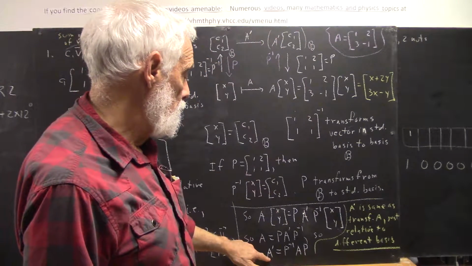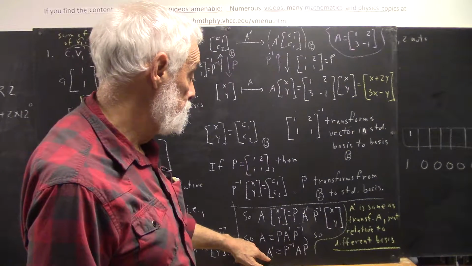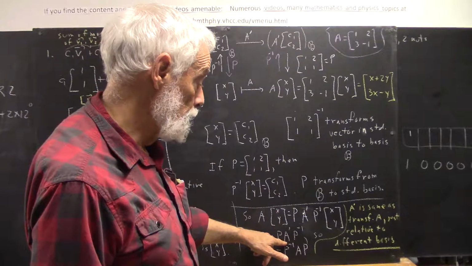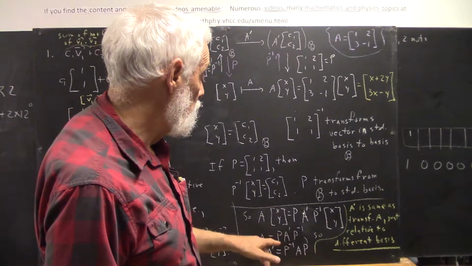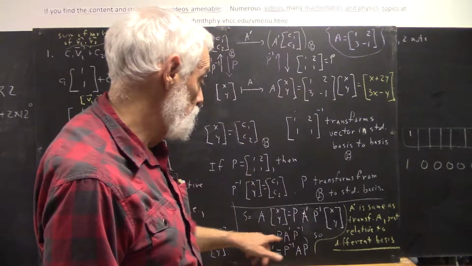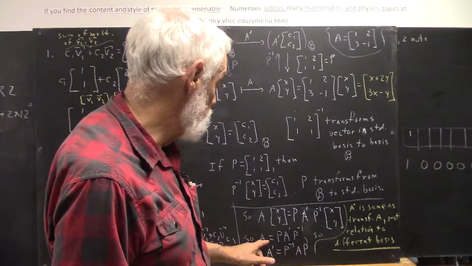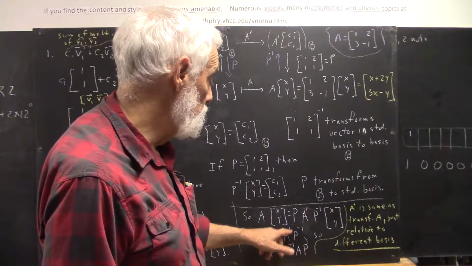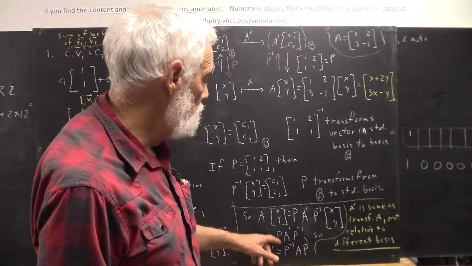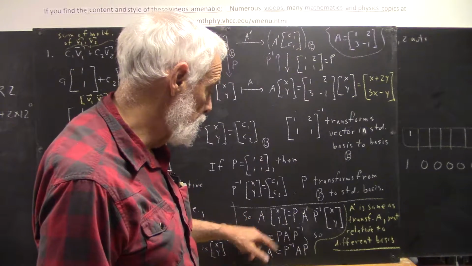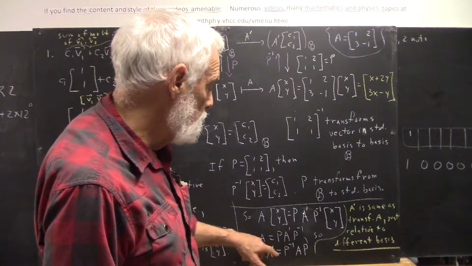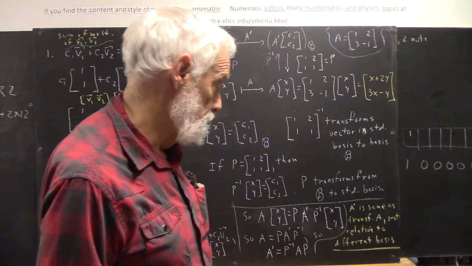The matrix A prime, well, we can solve this for A prime. Multiply both sides on the right by P, and we get rid of the P inverse. We get AP equals P A prime, and then multiply by P inverse on the left. It takes care of this P, and we end up with A prime equal to P inverse AP.